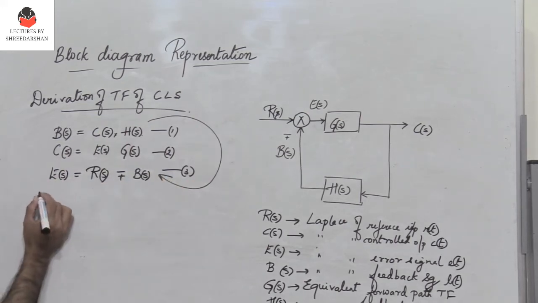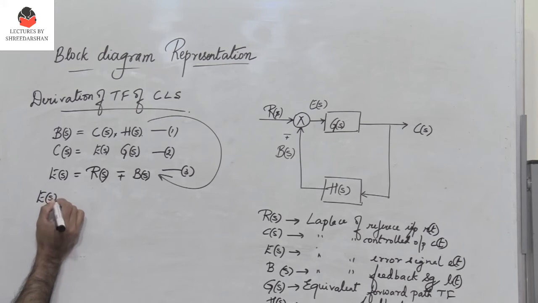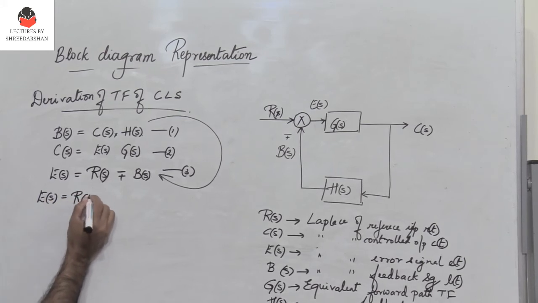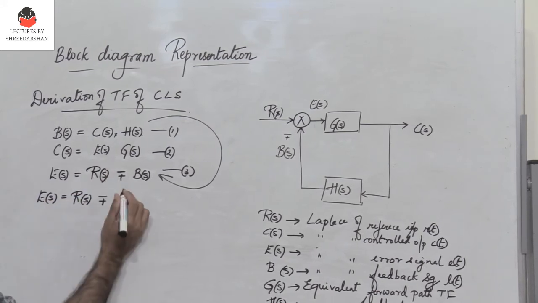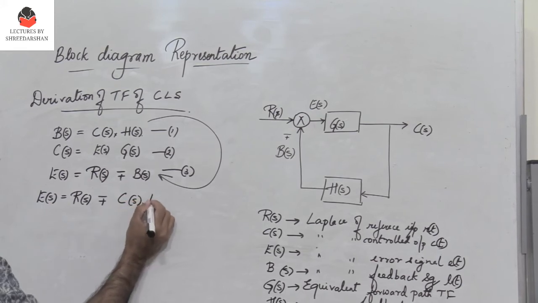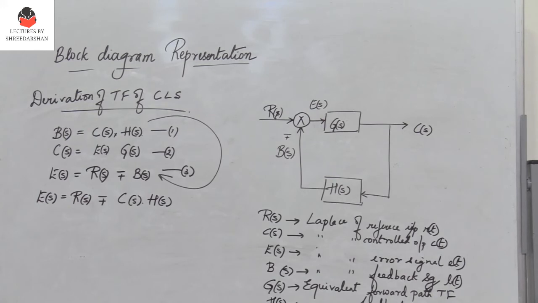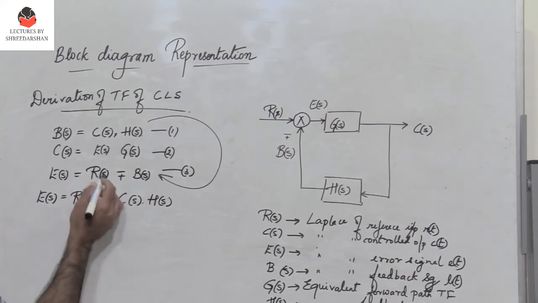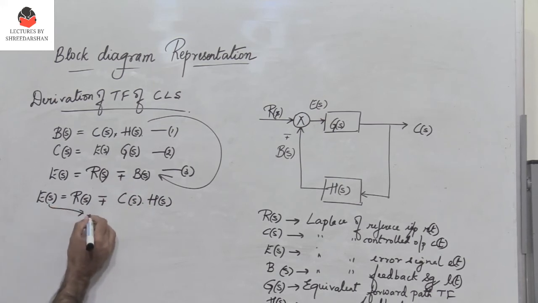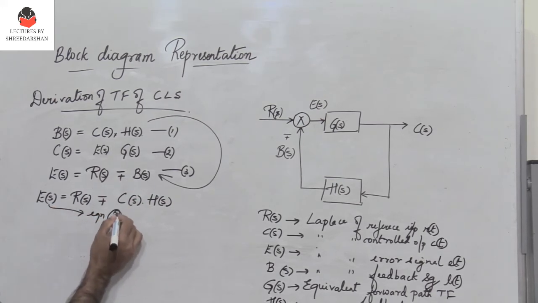So I have E of S equals R of S minus plus, so B of S is nothing but C of S into H of S. Now let me substitute E of S in 2. So I put E of S in equation 2.